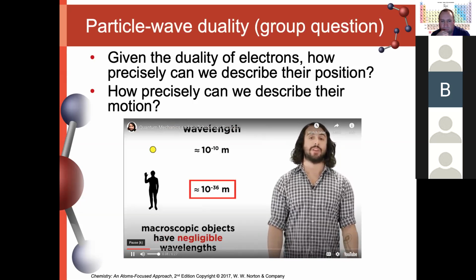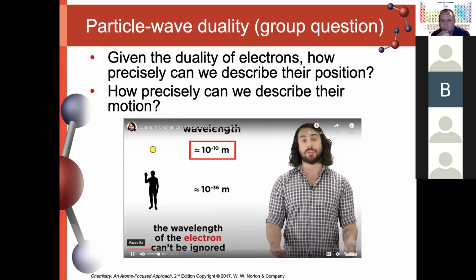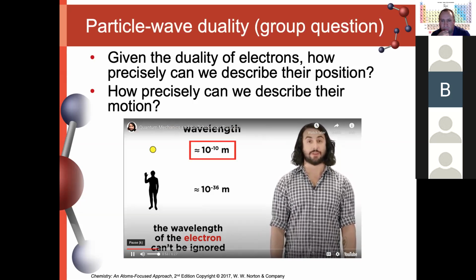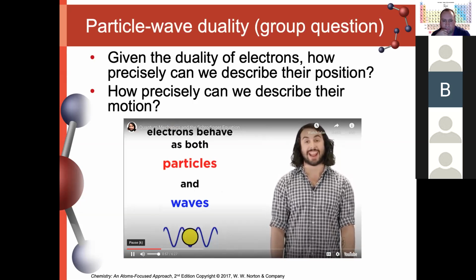So objects bigger than a molecule have a wavelength that is so tiny that it is completely negligible. But an electron is incredibly small, so small that its wavelength is indeed relevant, being around the size of an atom. So we must view electrons as both particles and waves from now on.